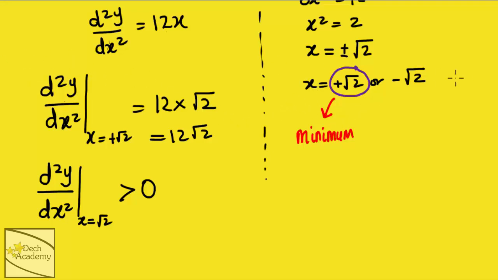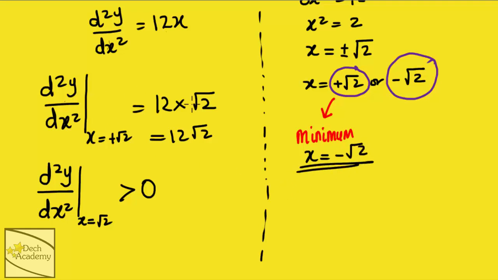At the other stationary point, when x is minus root 2, the second derivative, d2y/dx2, is equal to 12 times x.